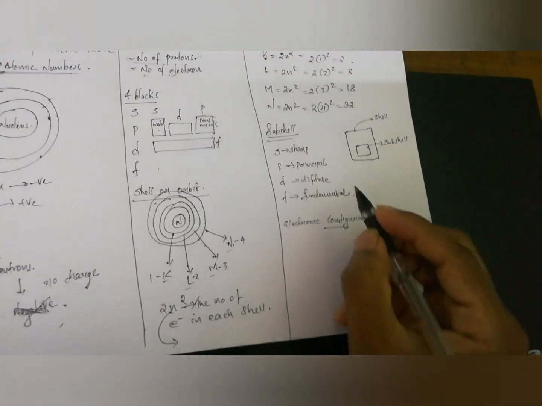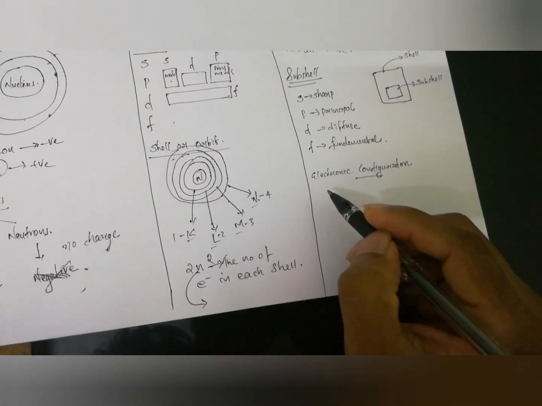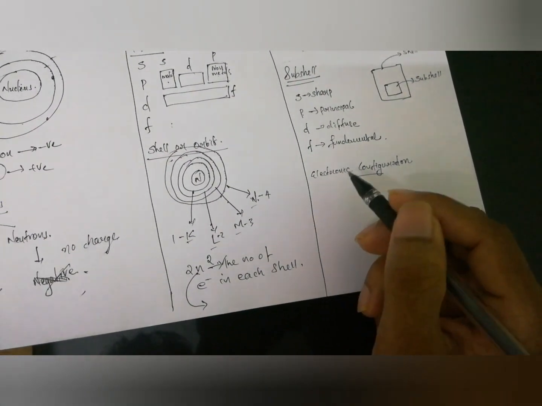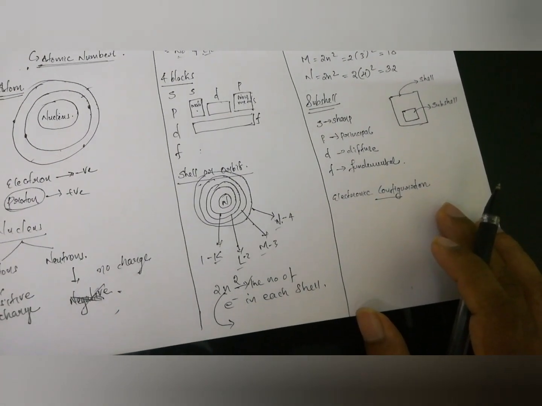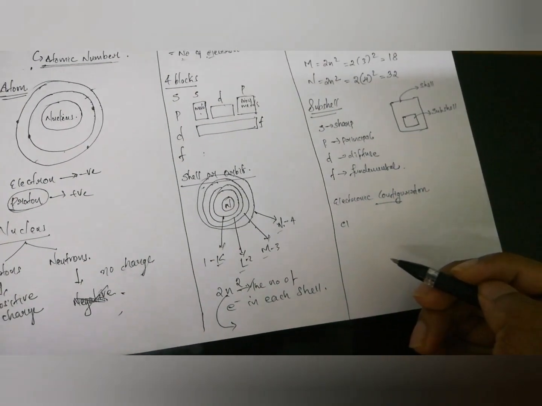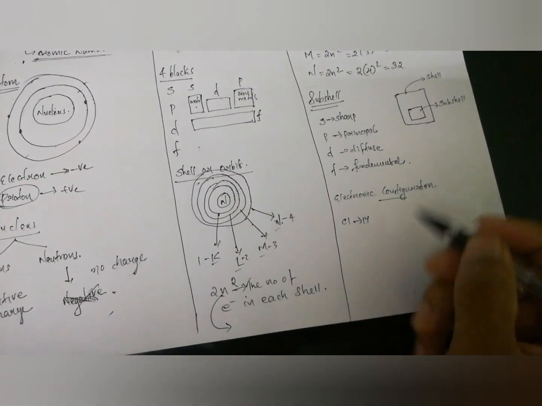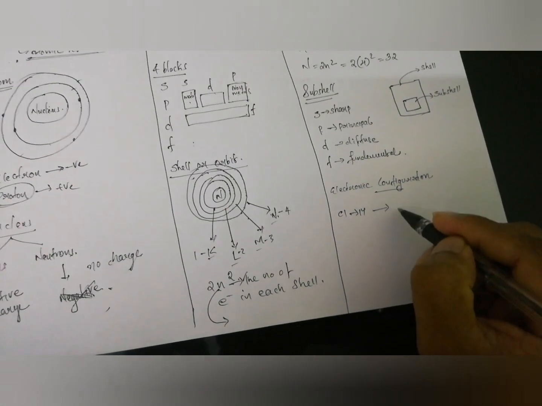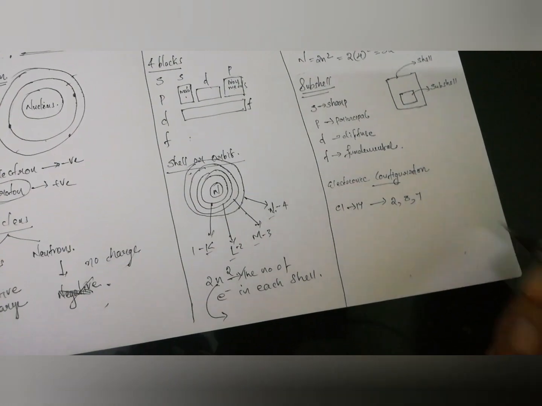In the case of chlorine, the atomic number is 17, and the electronic configuration is 2, 8, 7.